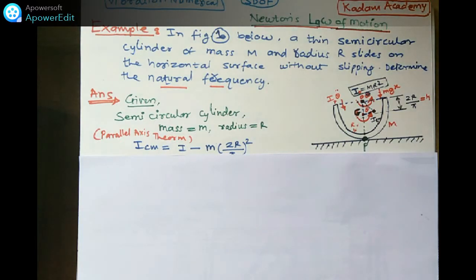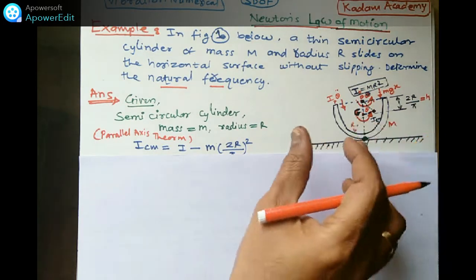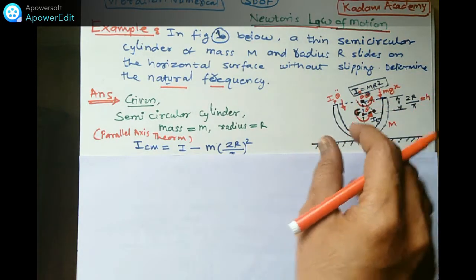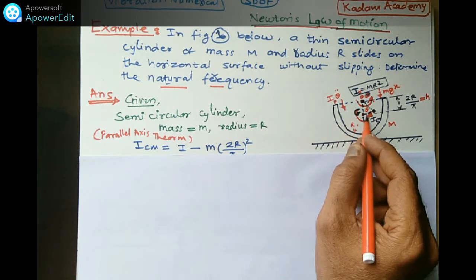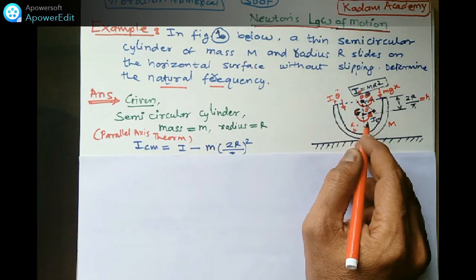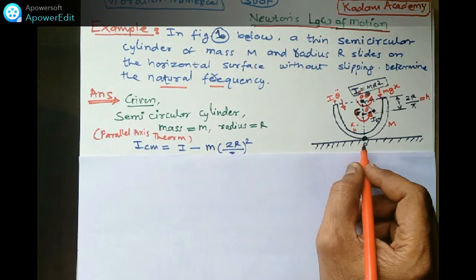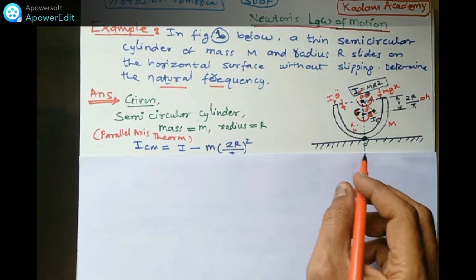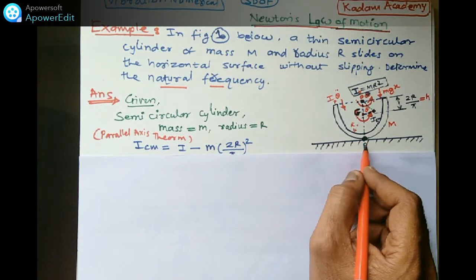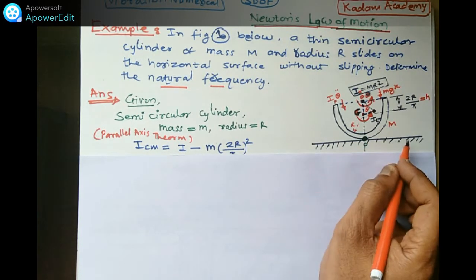But here in this case what will happen? When it will vibrate or rotate like this, this G point is there, and this point P is there, the point of contact of this semicircular cylinder with the horizontal surface.